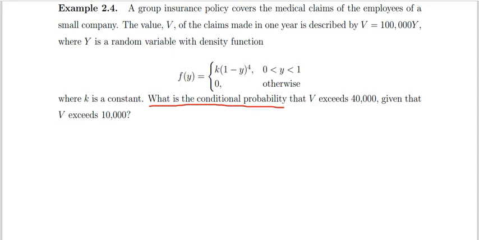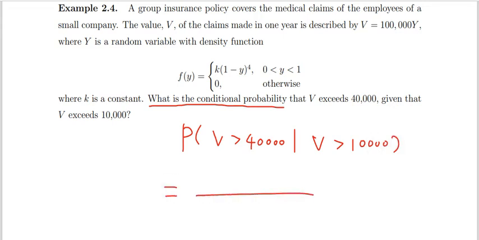This conditional probability we want to find is the probability that v is larger than this, given that v is larger than this. So such a problem is just equal to P(v larger than 10,000), and here v larger than 4,000, right?